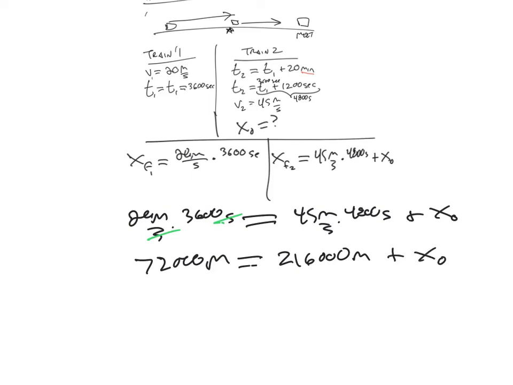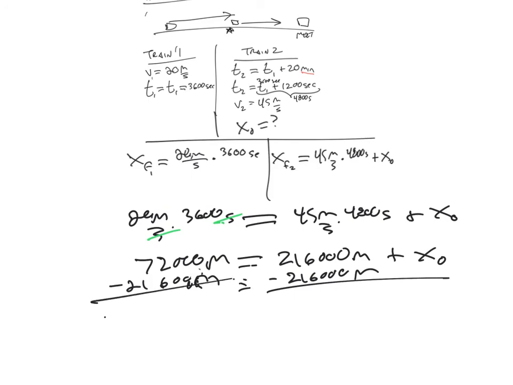So, do we do this right? Minus 216,000 meters on both sides.